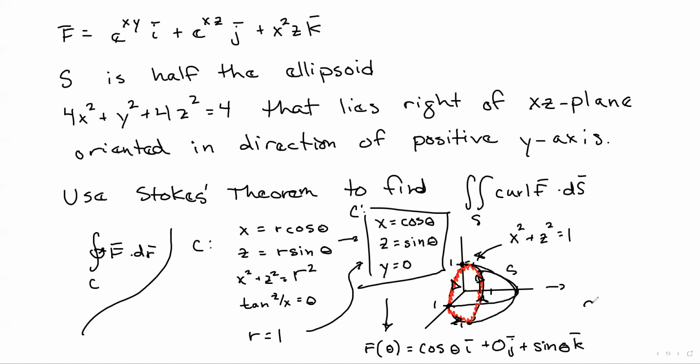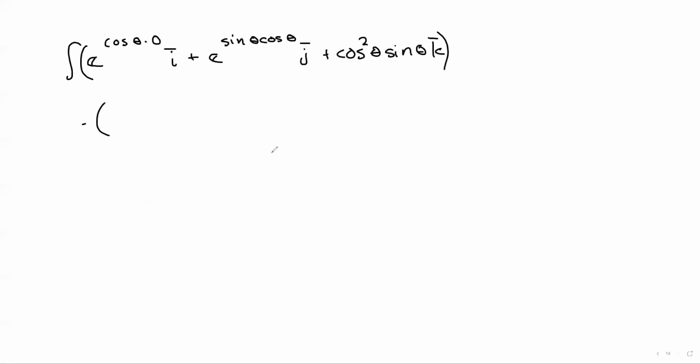Taking the derivative, we get negative sine theta i, 0 j, and then plus cosine theta k, d theta.